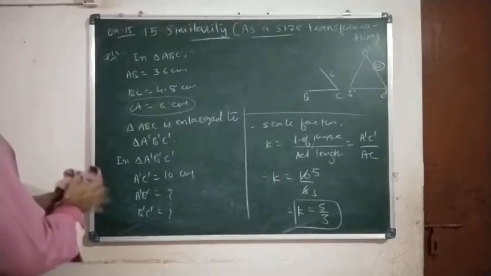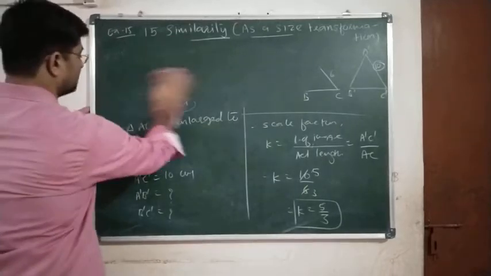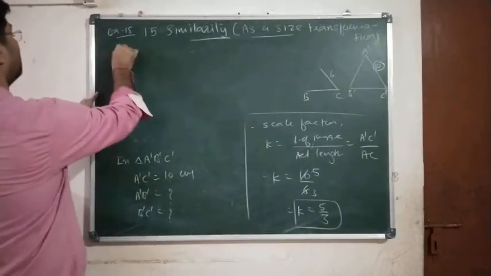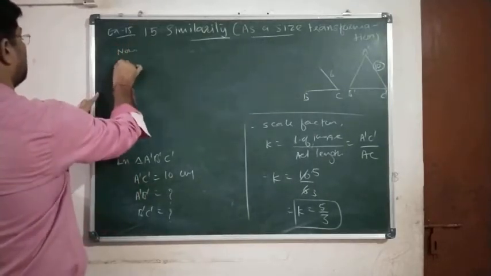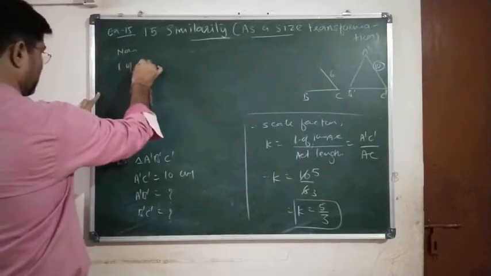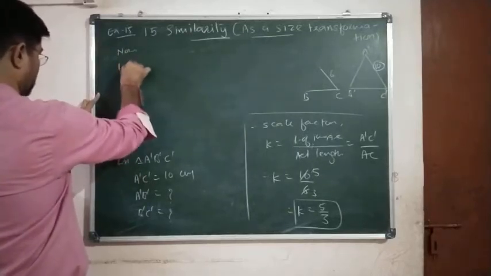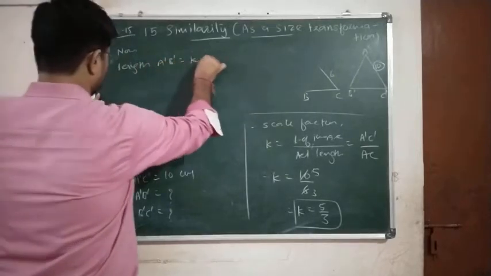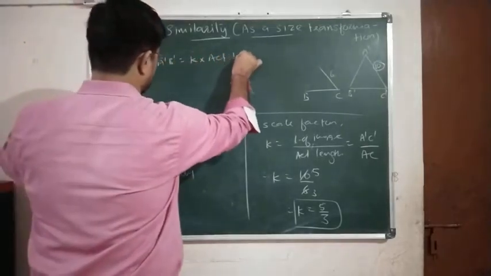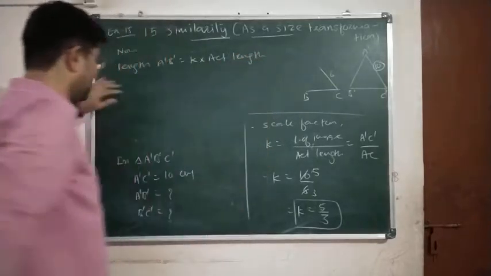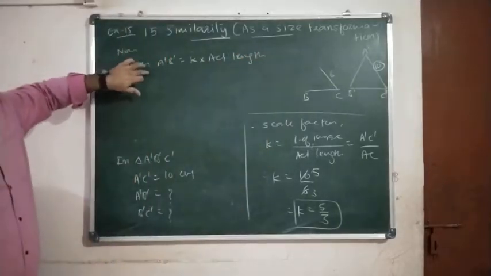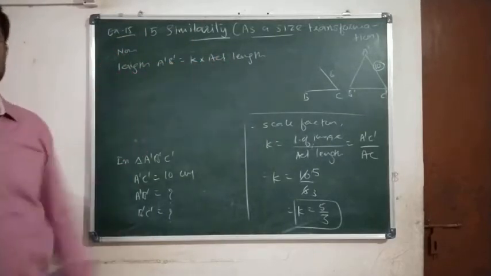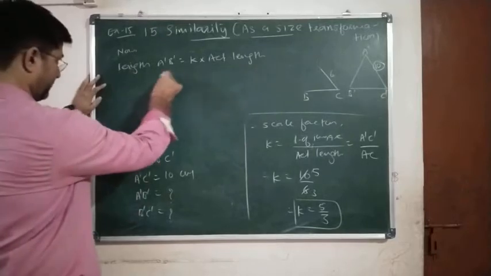Now you will put the formula: length A'B' is equal to K into actual length. Remember that the image length will always come on the left side in the formula and the right hand side will be K into actual length. Clear?